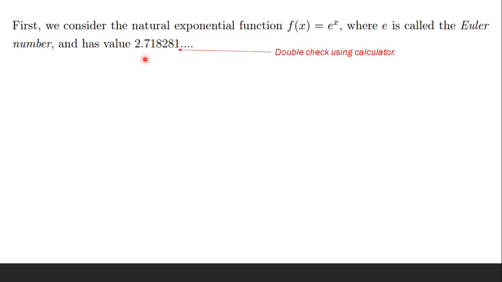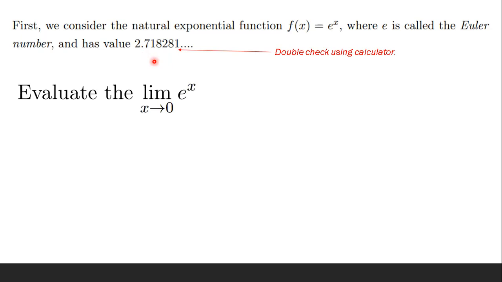You can double check using your calculator. Just press alpha and find the symbol e, and you are going to get the same value, which is 2.718281, and so on.